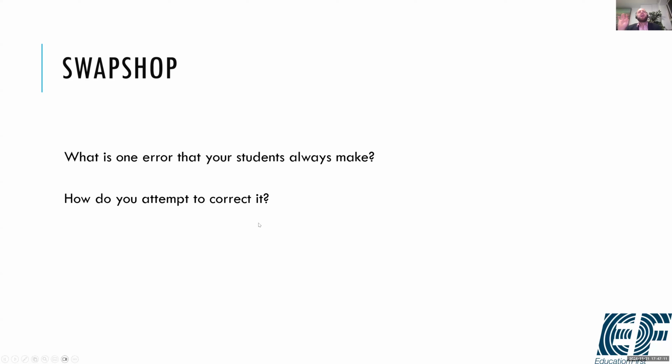So everybody, I've seen a couple of good answers already. I'll just give you 2 minutes. Could you please tell me an error that your students always make and how you attempt to correct it? So go ahead. I am agree. Sorry, I was just about to say, yeah, I am agree. Yeah, some flashbacks and I am agree. Okay, everyone, so 2 minutes just in the chat. Swap the errors and how you have corrected them. Inspire each other.